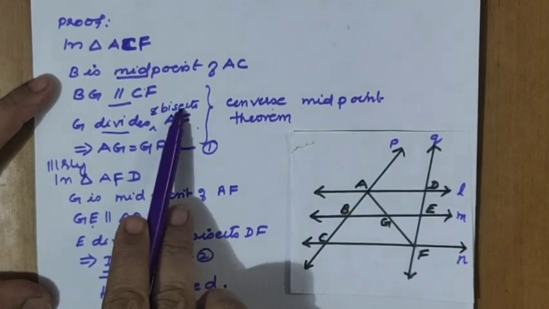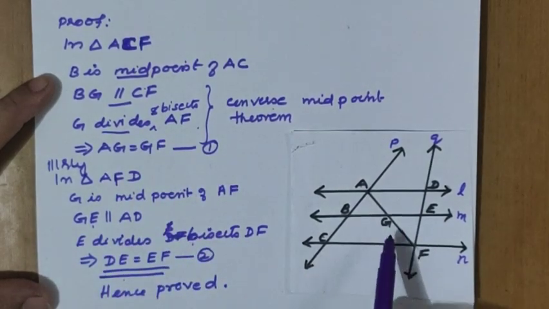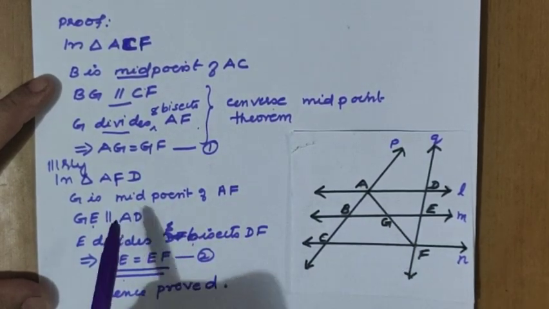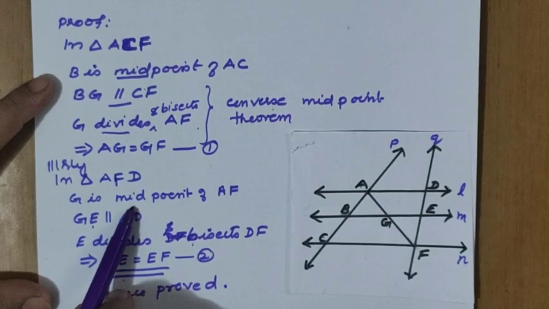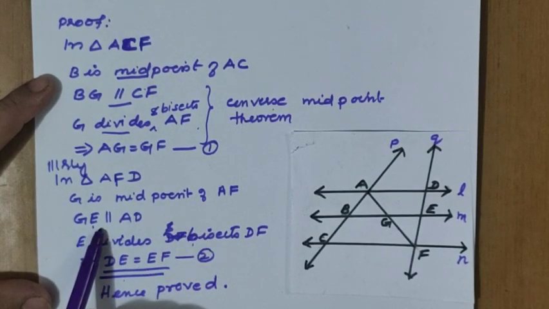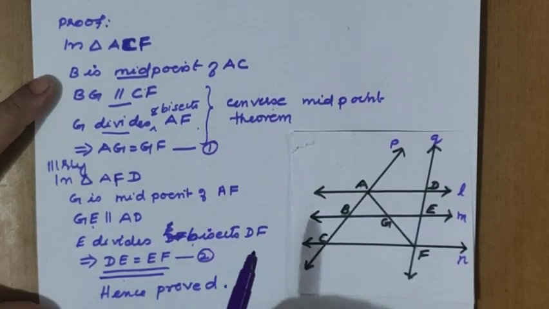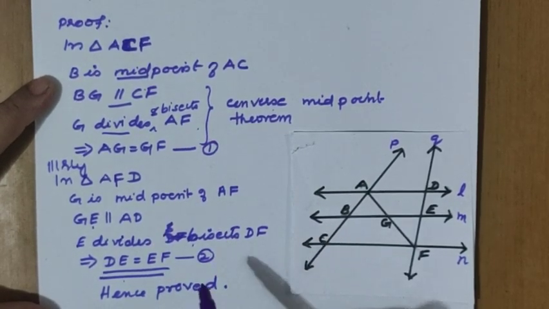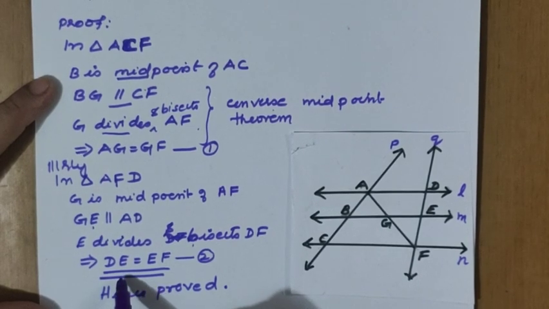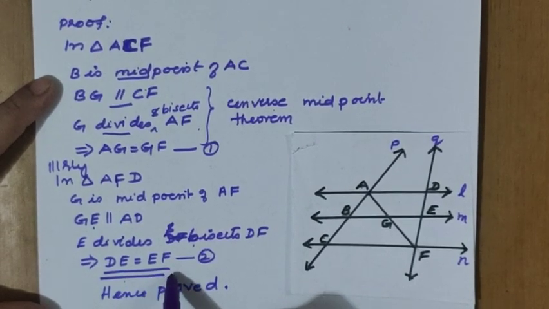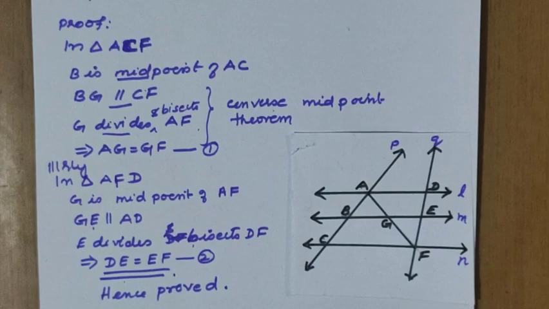We should use the word bisects. G bisects AF. That means G is the midpoint of AF. So G is the midpoint of AF, GE parallel to AD, then E bisects DF. These all steps are by using the converse midpoint theorem. So what we got here, therefore the result is DE equal to EF. Hence proved.